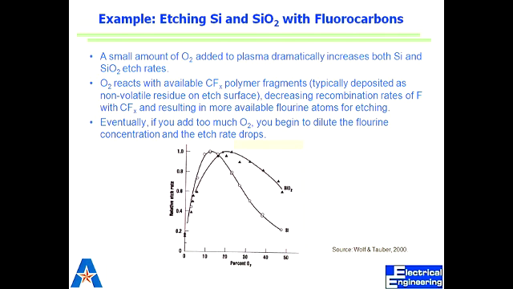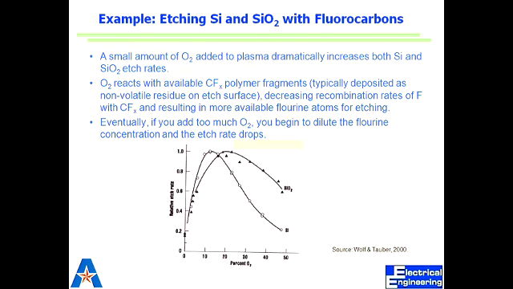Okay, so when we add oxygen, carbon is consumed. What happens to F, fluorine? That remains the same. Fluorine atoms are not reacting with oxygen. Carbon atoms are reacting with oxygen. So some of the carbon atoms get consumed. So what do you think about the F/C ratio? Should that increase or decrease? It will increase.